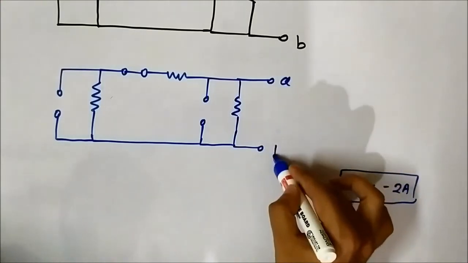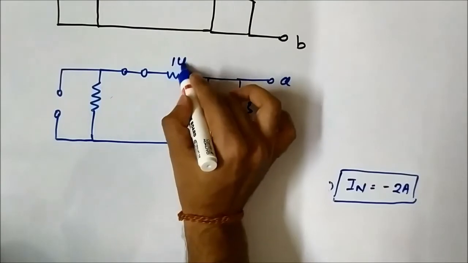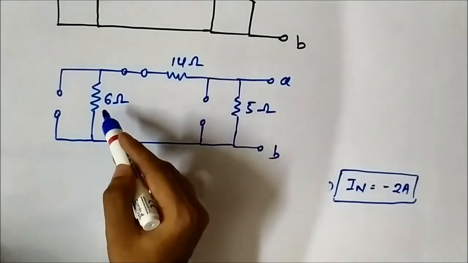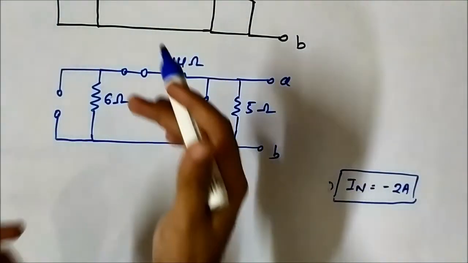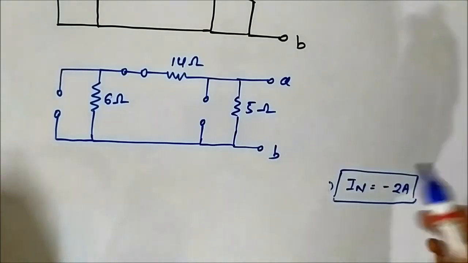This is A, this is B, this is 5 ohm, 14 ohm, 6 ohm. 14 ohm and 6 ohm are in series. The series combination is in parallel with 5 ohm.